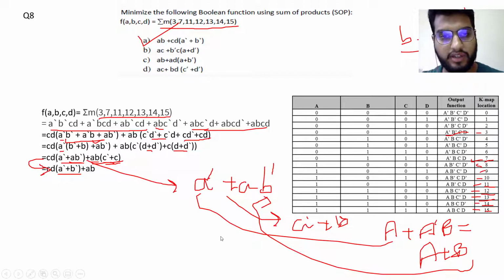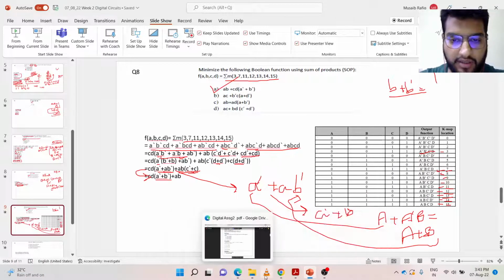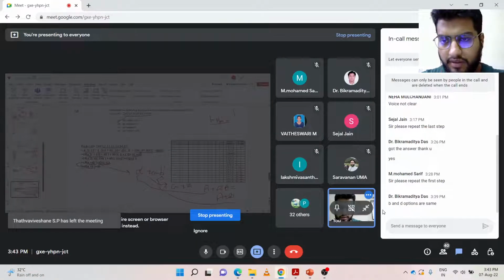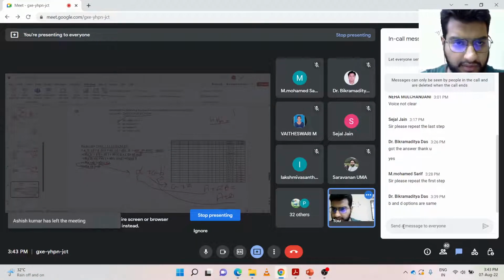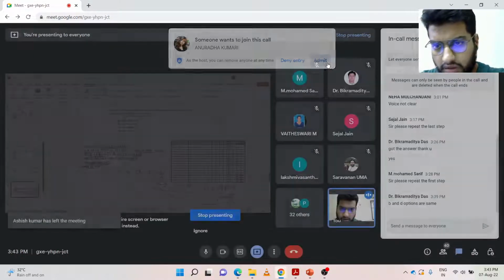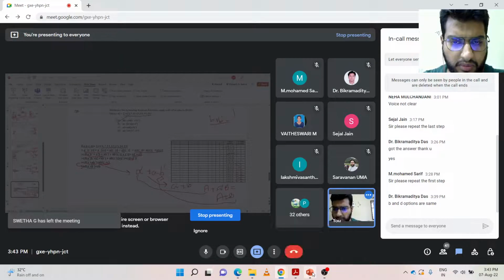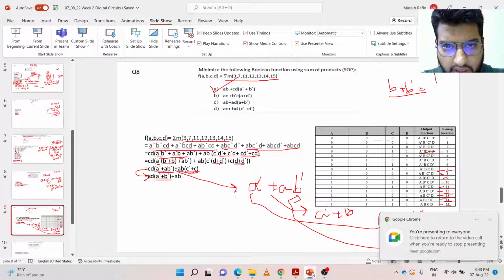So if you have any doubts regarding this question, please type it in the chat box. So B and D options are same. Let me just check. B and D options are same. No, B and D. Yeah, they are.